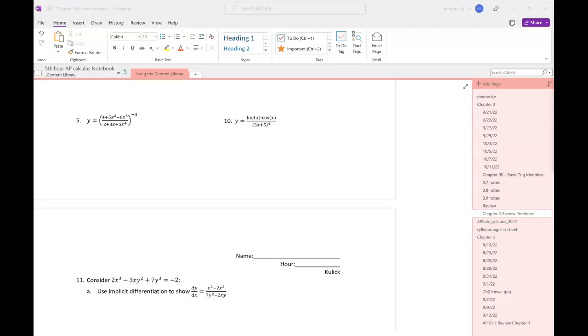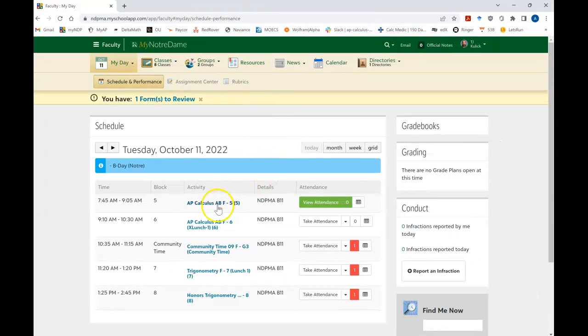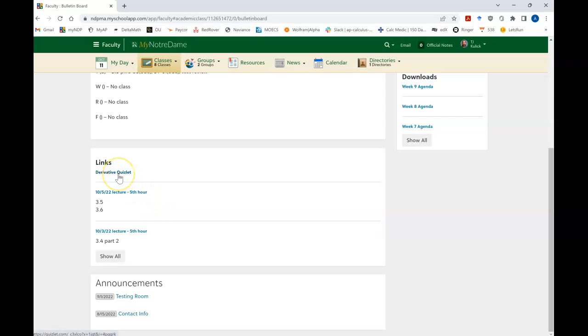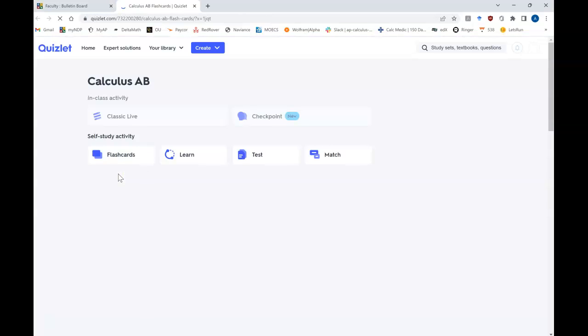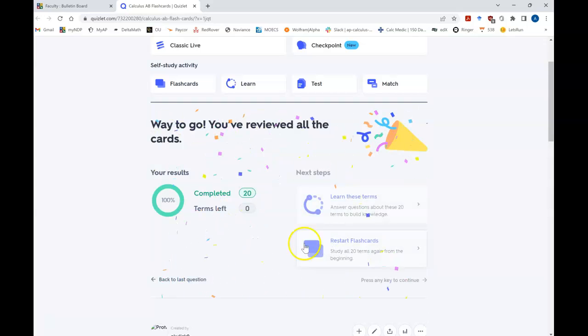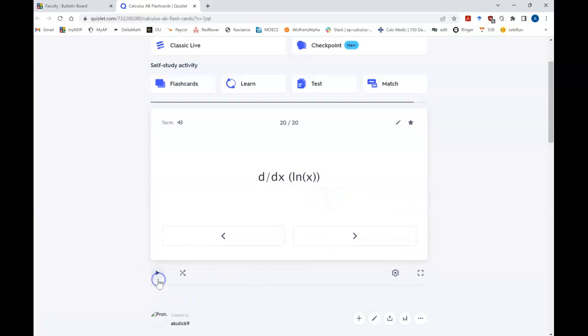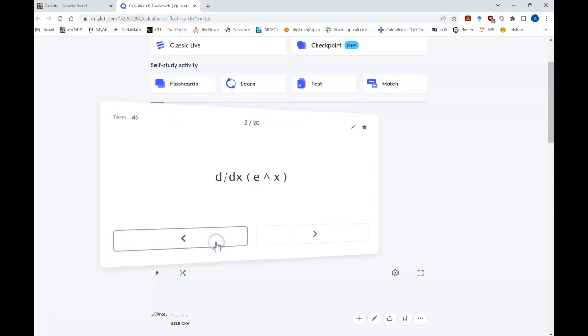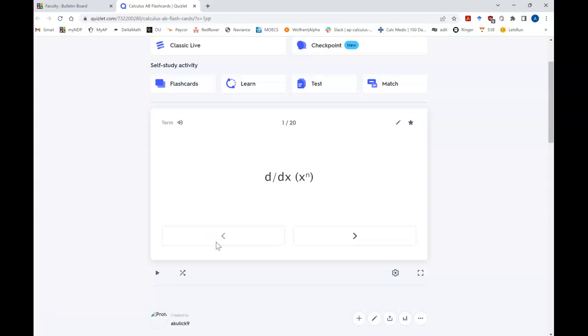I can't remember if I mentioned this to you guys, but I made a Quizlet for you guys on the links, so you can just crank through these rules. I think I typed them all in there for you. So this is just derivative rules.